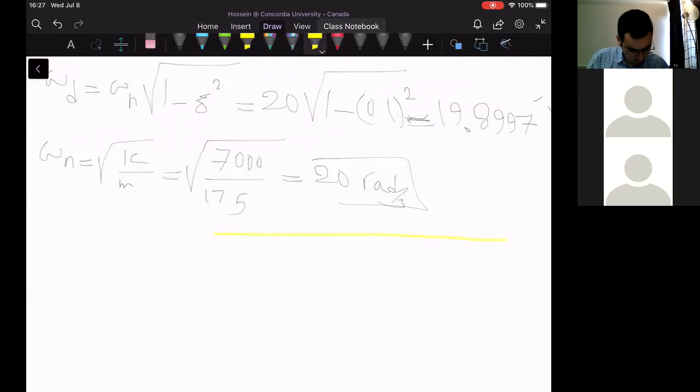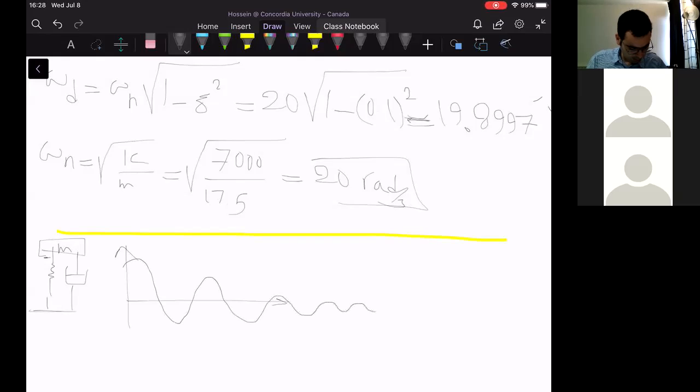We will go for part C, the logarithmic decrement. When we have such a vibrating system, M, if we disturb it and move the system due to an initial condition, the response of the free vibration would be something like this, right?